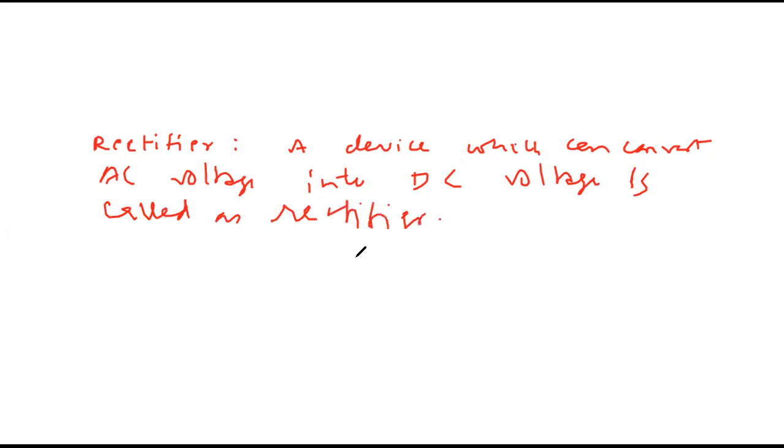The process is called as rectification. There are two types of rectifier: half wave rectifier and full wave rectifier. So half wave rectifier, its diagram, working, and input output waveform. Now we are going to study.